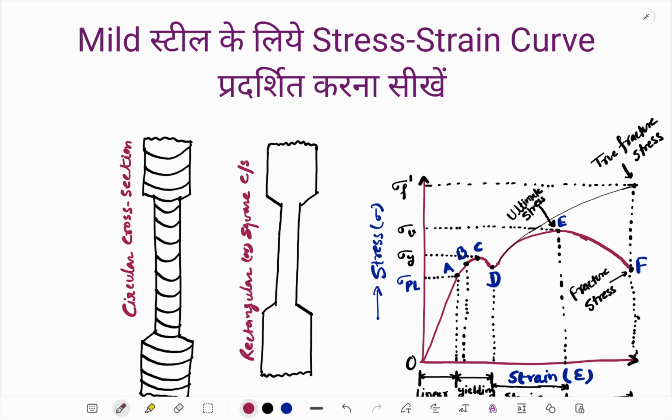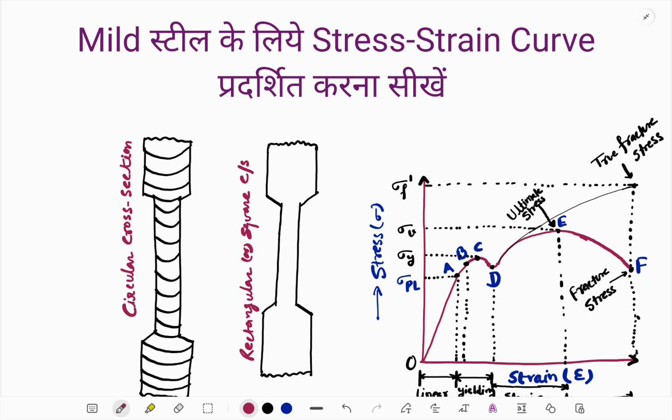When we are testing with the UTM, we clamp both ends in the UTM and apply a pull force from both ends, that is a tensile force, on the mild steel material.